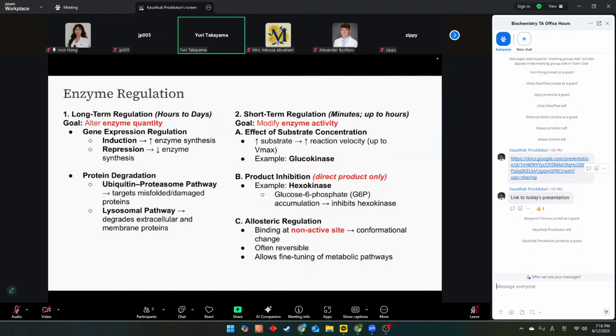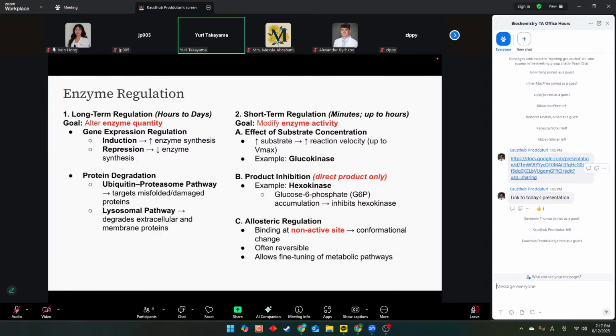For example, glucokinase activity in the liver depends on how much glucose is around. Next, product inhibition. Here the direct product of the reaction inhibits the enzyme. For example, glucose 6-phosphate inhibits hexokinase. Make sure to know that this is different from feedback inhibition, which involves a product from much later in the pathway.